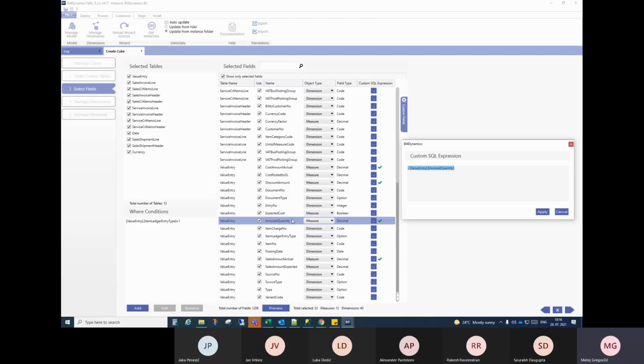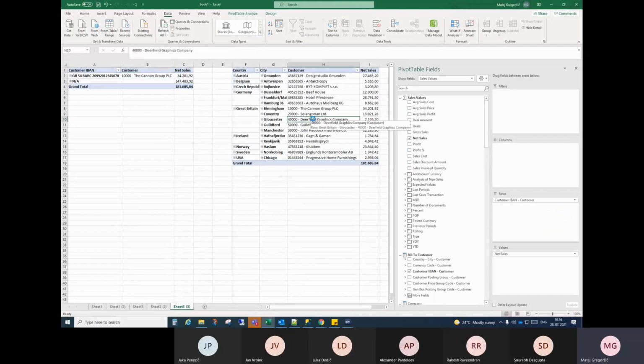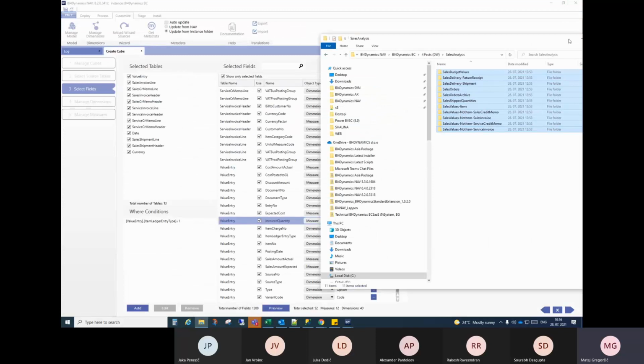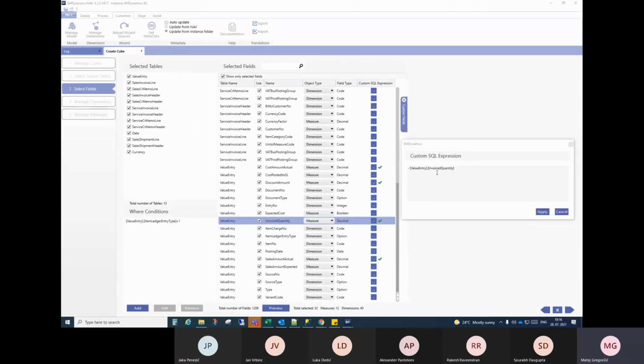This is absolutely correct in Navision terms, but when you look at the reports, if we still had minus, it wouldn't make sense. We would have a chart that goes into the negative numbers. That's why for some measures we introduce a negative sign here.